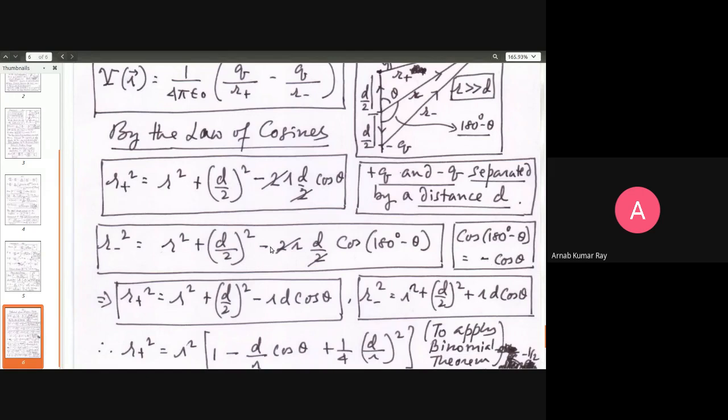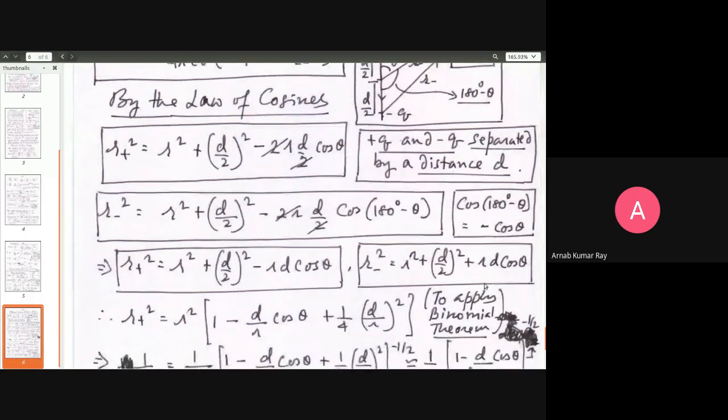Minus cos theta into minus will give you plus. 2 and 2 will cancel, and so you'll just have plus rd cos theta. And so this r plus squared is equal to r squared plus (d by 2) whole squared minus rd cos theta.